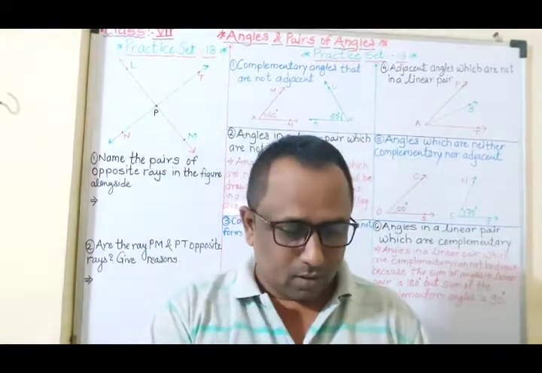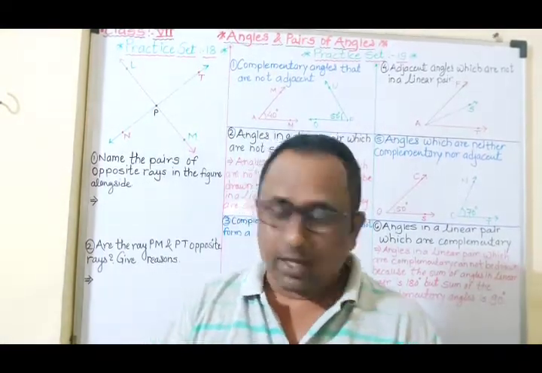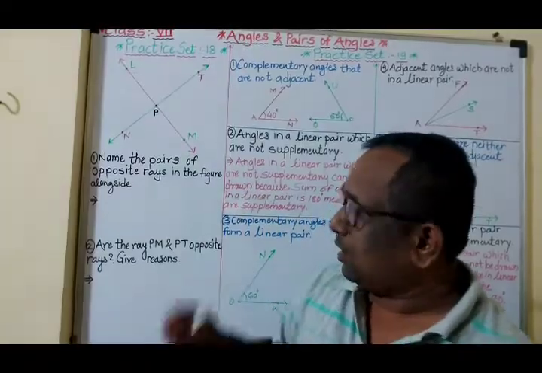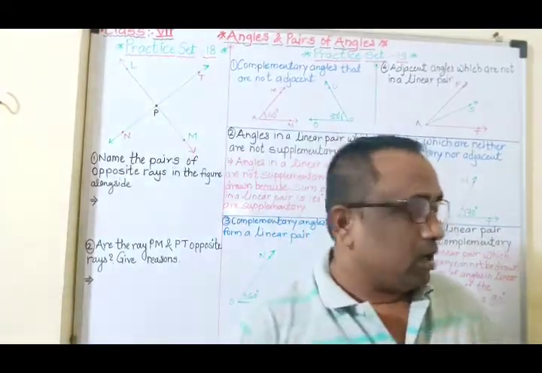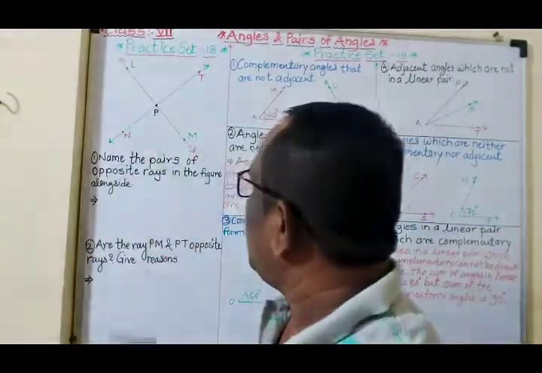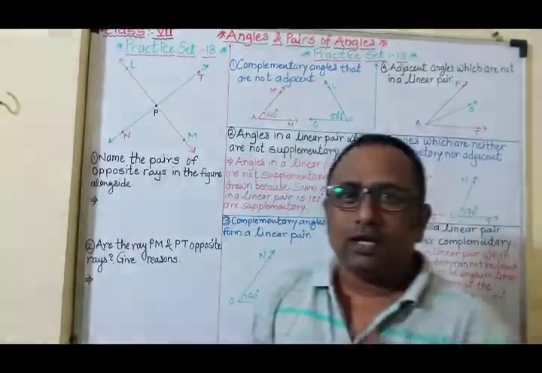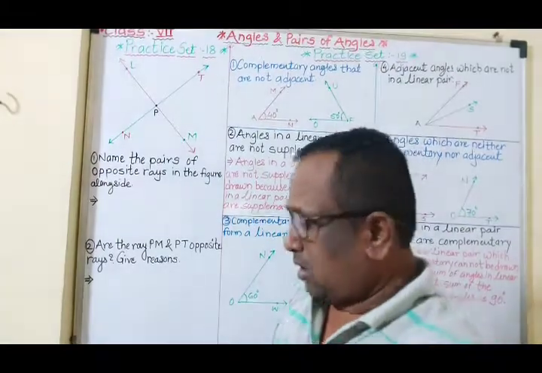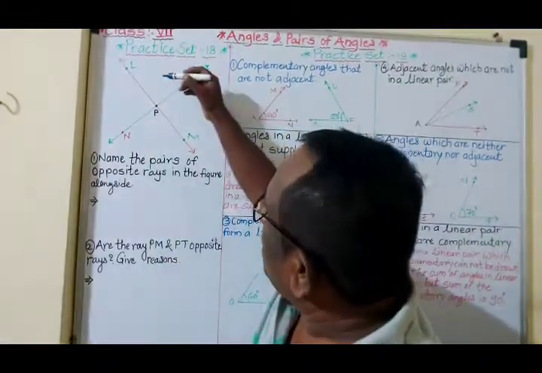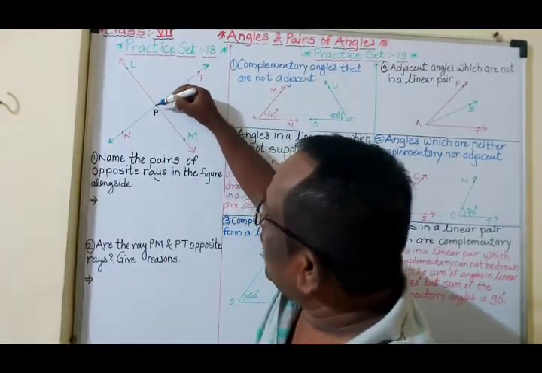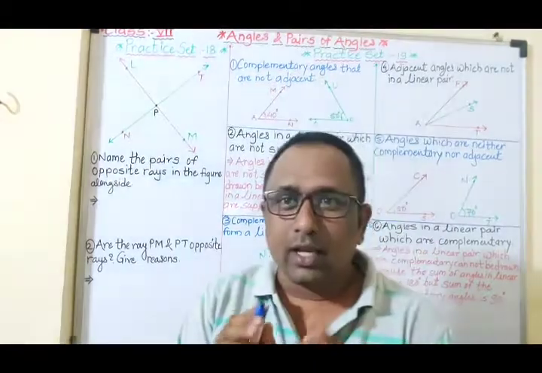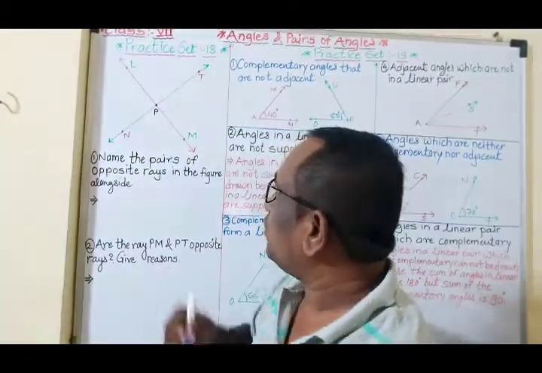Now we'll see practice set number 18. The first question: name the pairs of opposite rays in the figure alongside. It's very simple, students. See the origin, and when you are writing the name of a ray, you have to start from the origin.